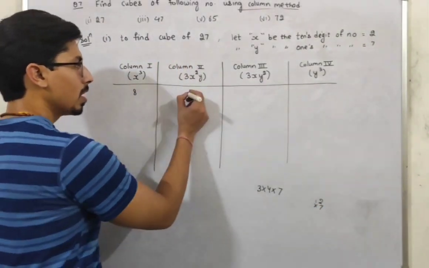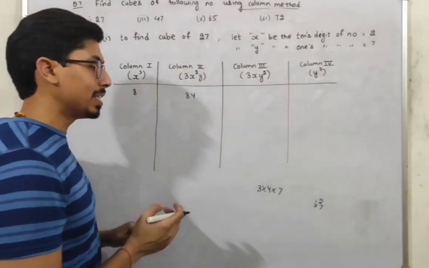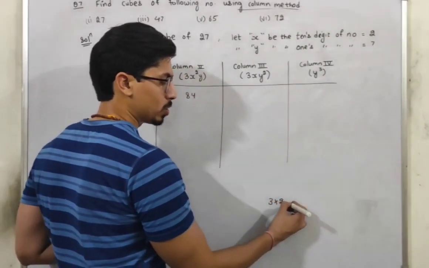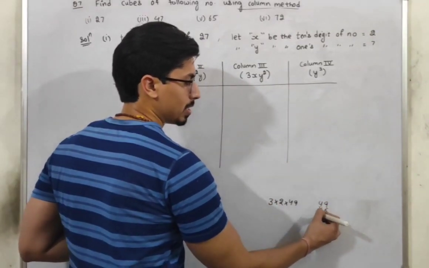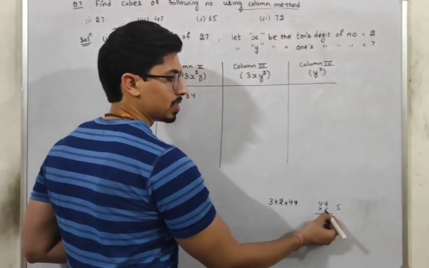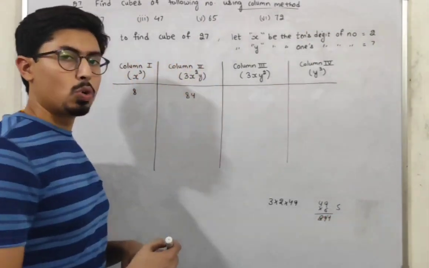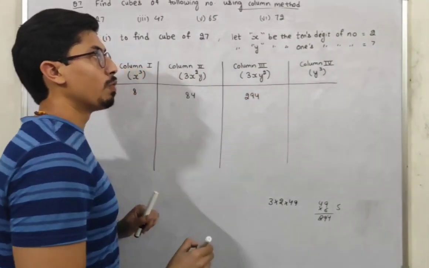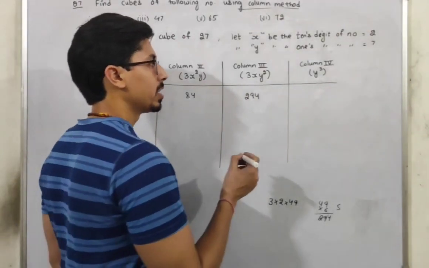Now 3xy square: 3 into 2 is 6, and 7 square is 49, so 49 into 6 is 294, students. Now y cube: y is 7, and we have already discussed that 7 cube is 343.